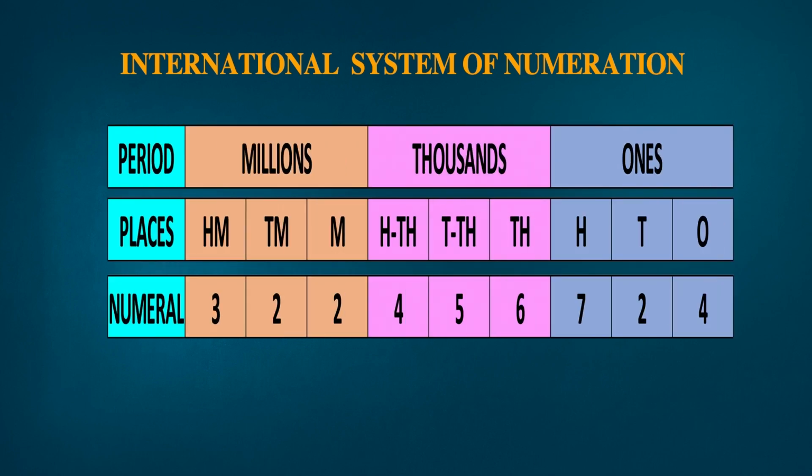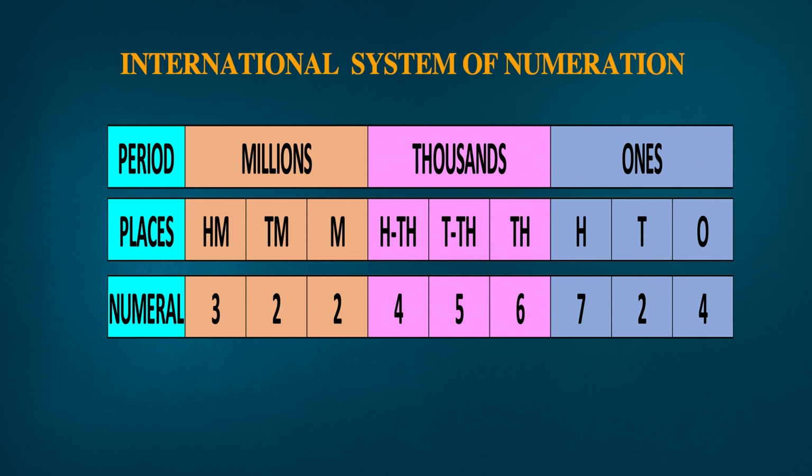International system of numeration. Here, ones, thousands and millions are periods. Period ones has 3 places, ones, tens and hundreds. Period thousand has 3 places, 1000, 10,000 and 100,000. Period million has 3 places, million, 10 million and 100 million.